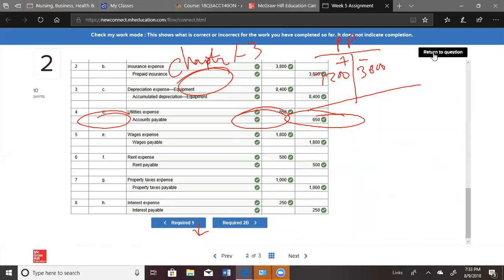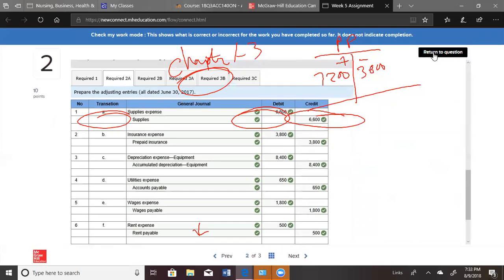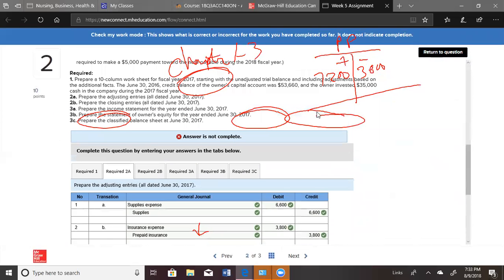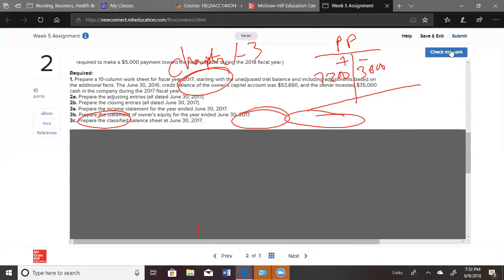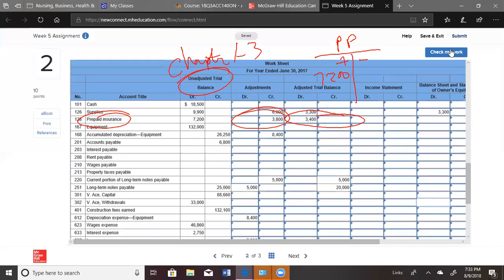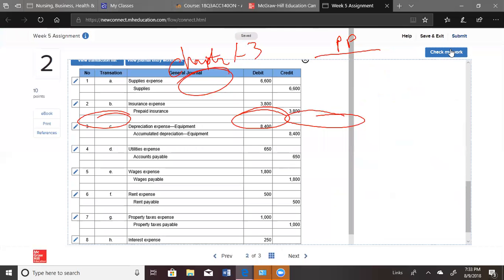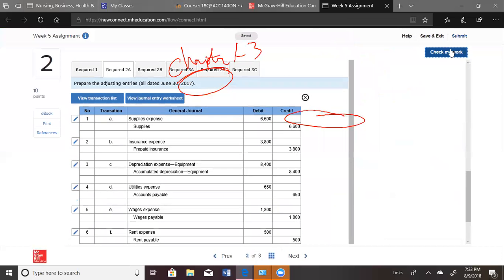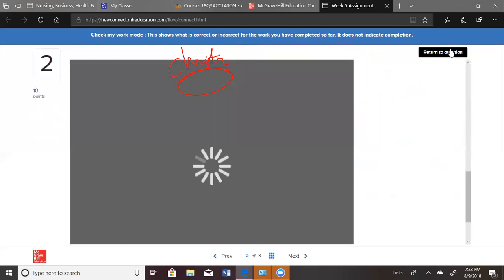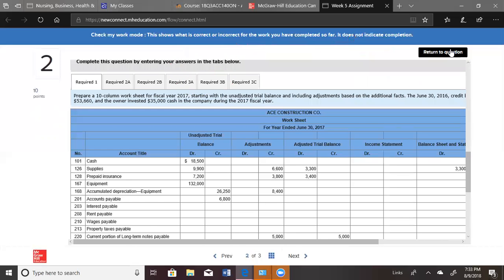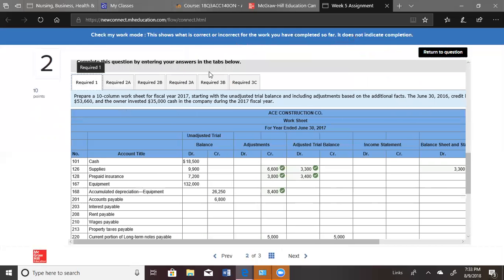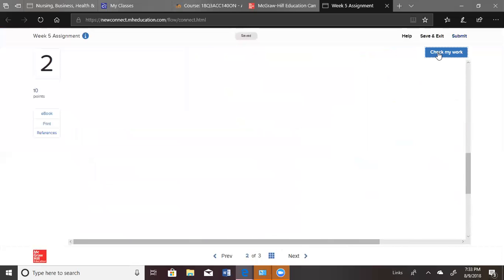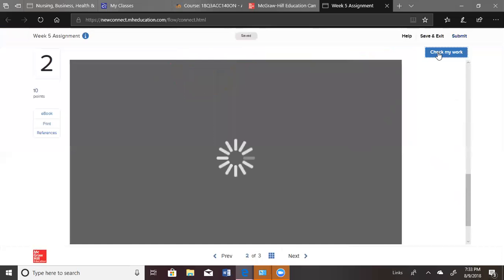So click on required 1 and see how you've done so far. Yep, so you got those right so far. Okay.